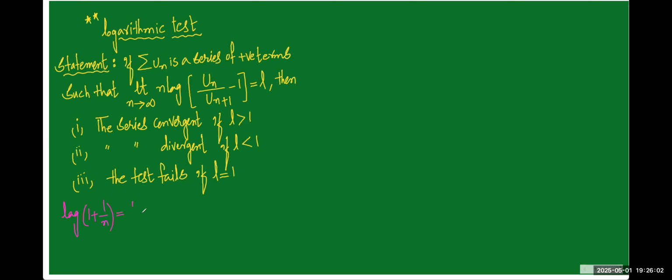This formula we are using. Now we'll see the problem and what type of situation we get to apply the logarithmic test. Maybe we can do only one question because it is very lengthy.